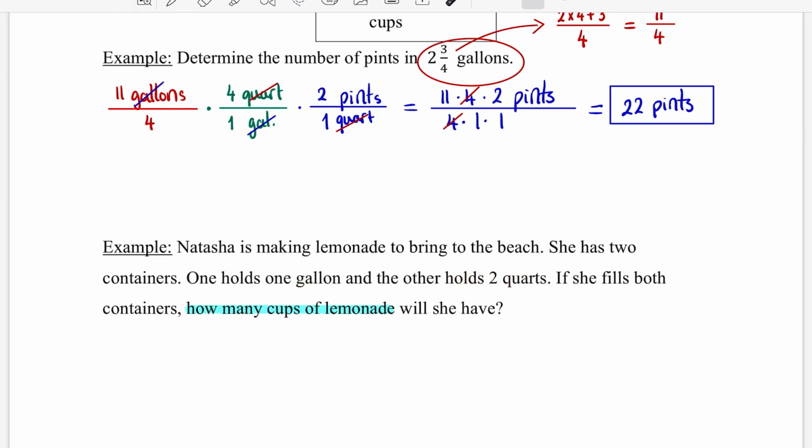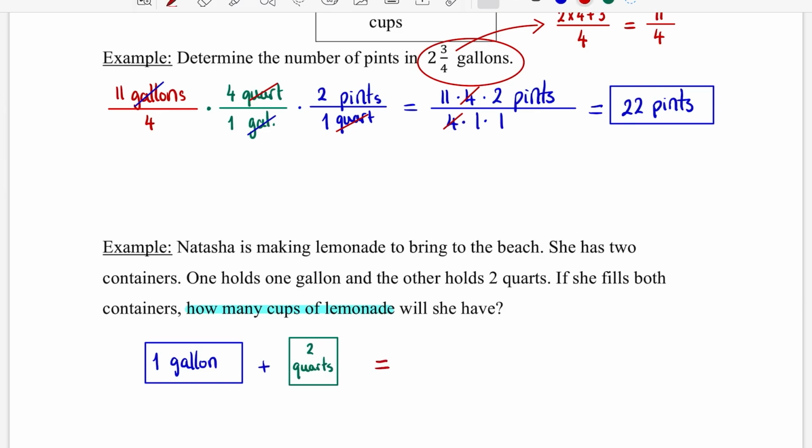So we have 2 bottles. One is 1 gallon and the other one is 2 quarts. And they want to know how many cups.